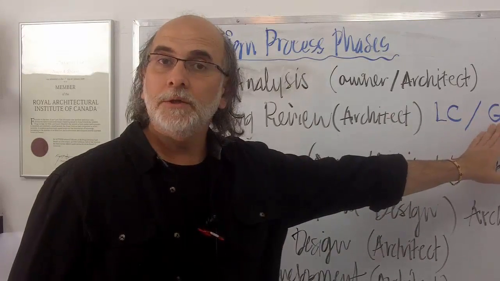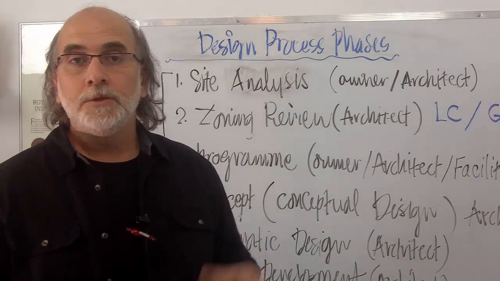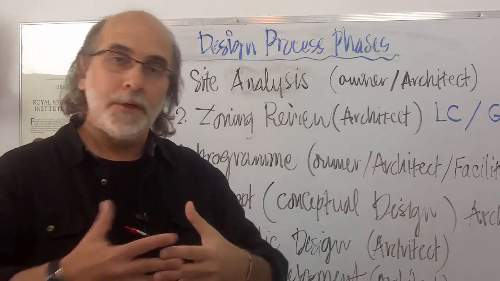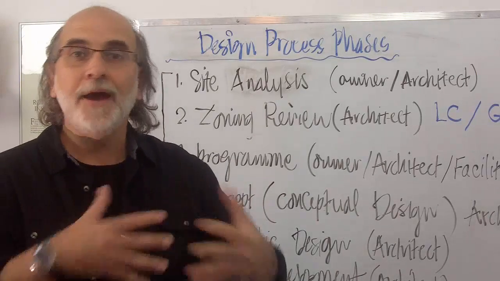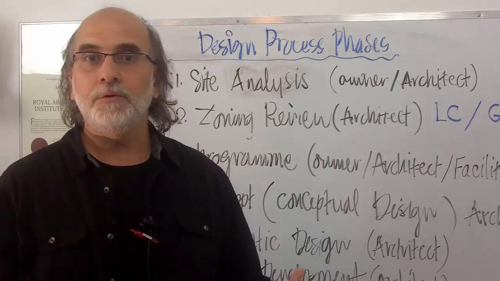The second criterion is the GFA, gross floor area. It's another component, but it works with the lot coverage. They have to be together. You have to know the lot coverage, and then you have to know the GFA.